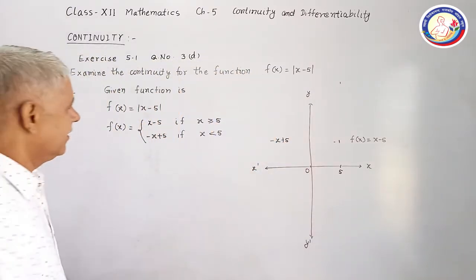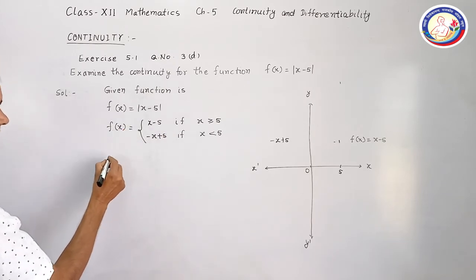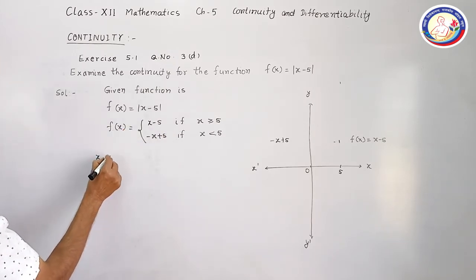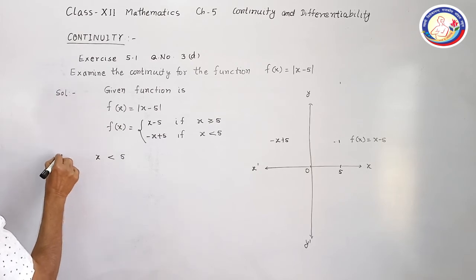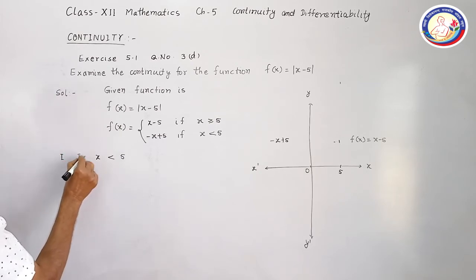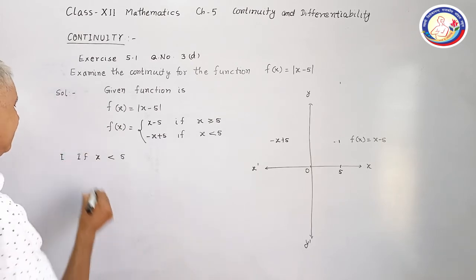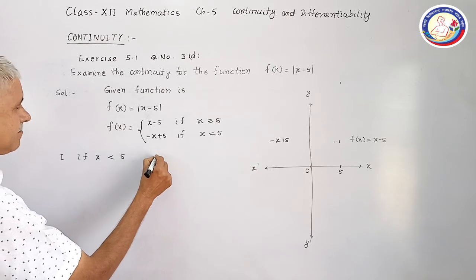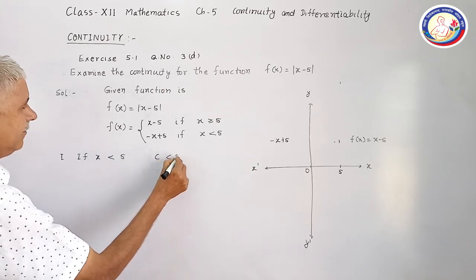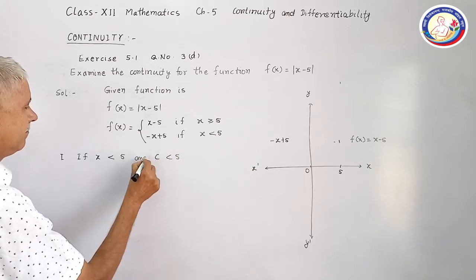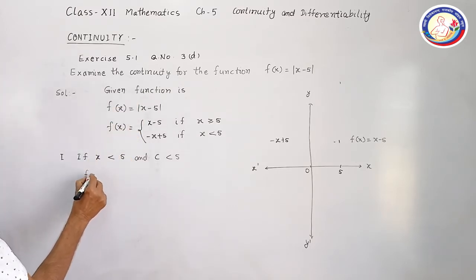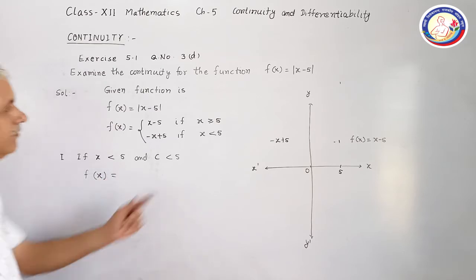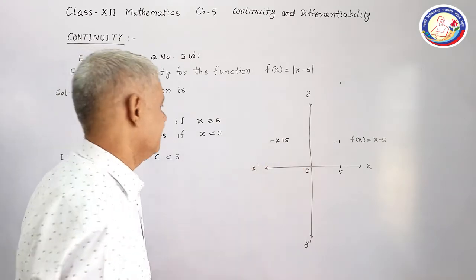Now, we are taking first x less than 5. So there is a point C less than 5, and what will be the value of the function here? f(x) will be minus x plus 5.